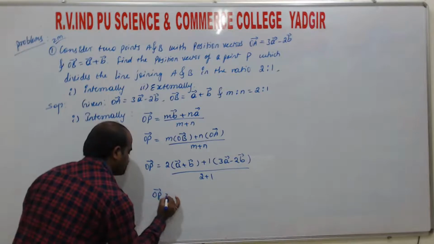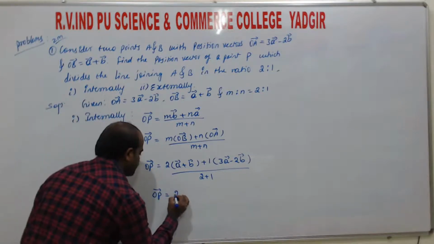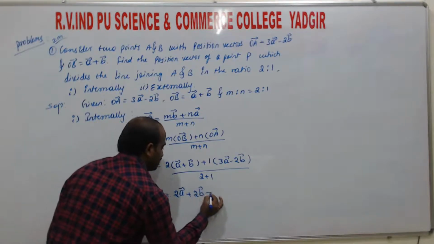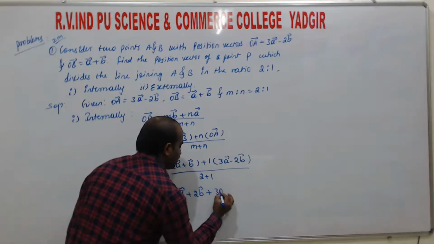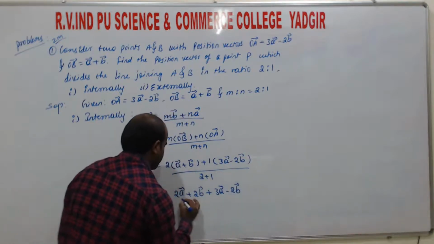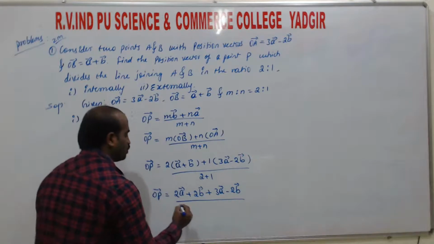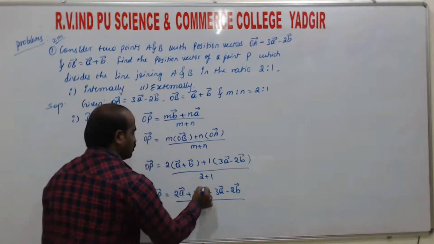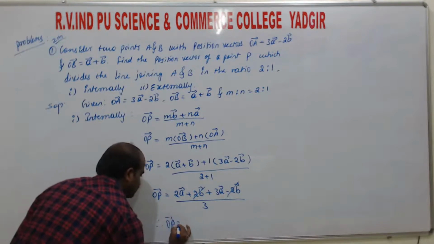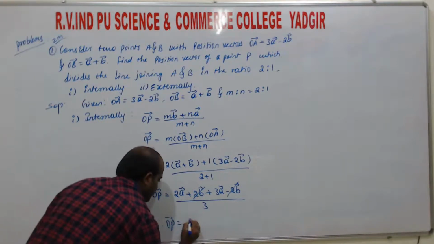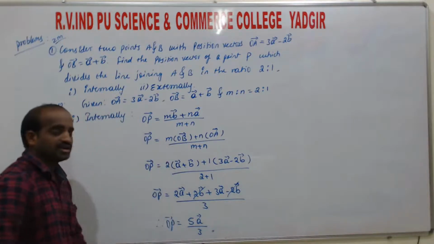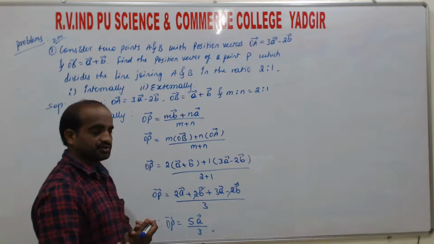OP vector is equal to (2a plus 2b plus 3a minus 2b) divided by 3. The 2b cancel, therefore OP vector is equal to 5a divided by 3. This is internally in the ratio 2:1.